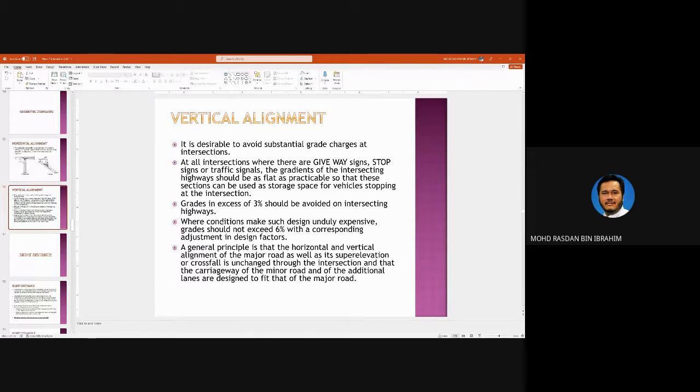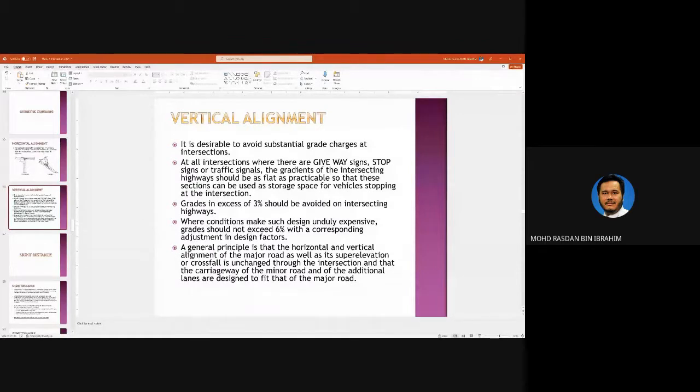Where conditions make such a design unduly expensive, grade should not exceed, if you really need to, 6% with a corresponding adjustment in design factors. We do not cover this part.